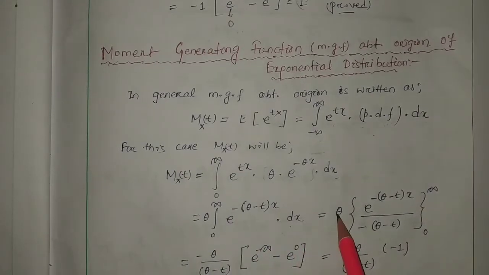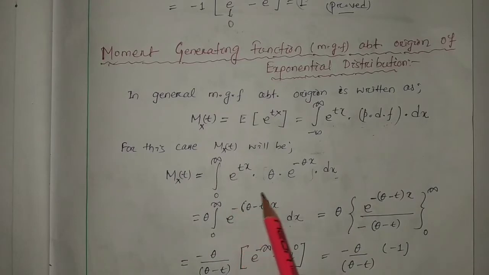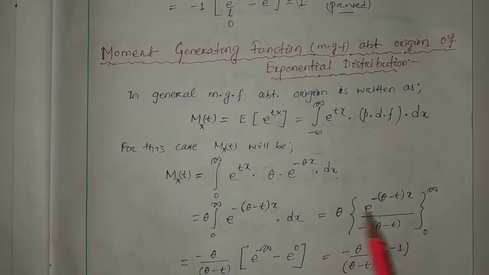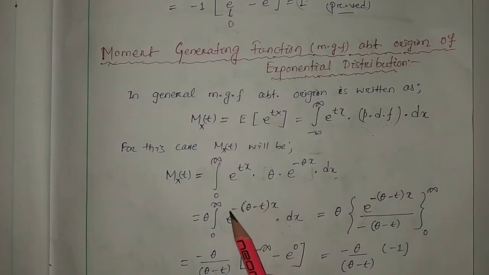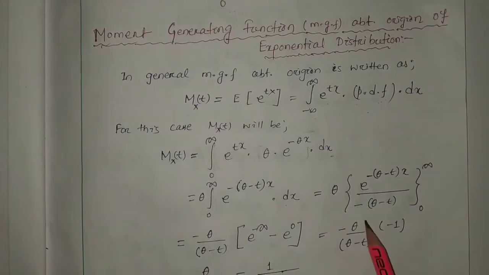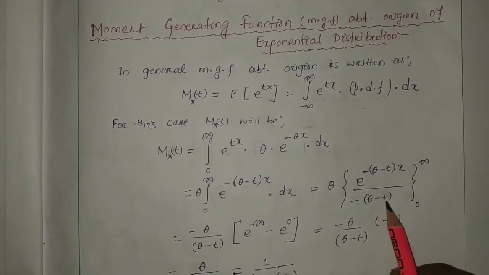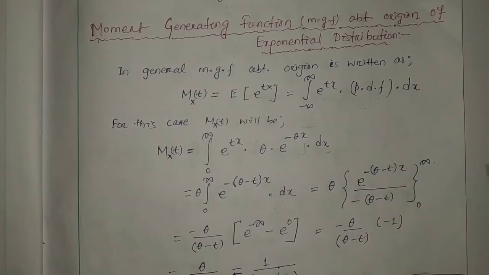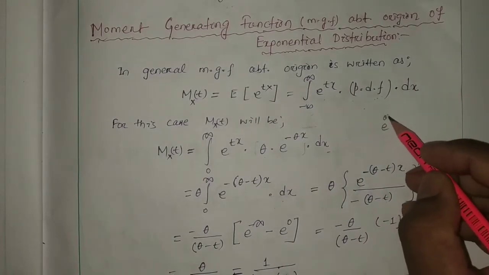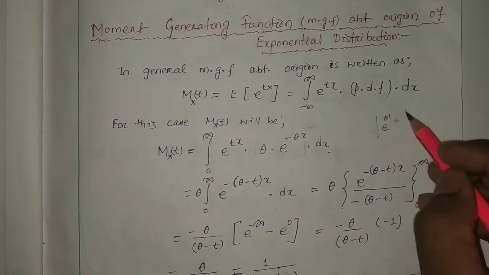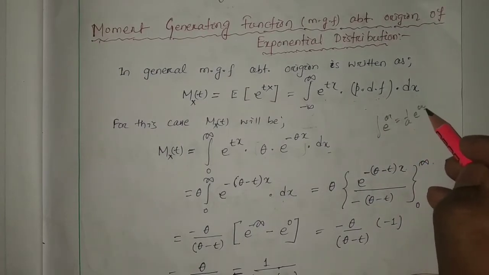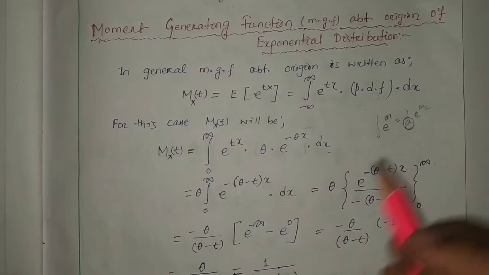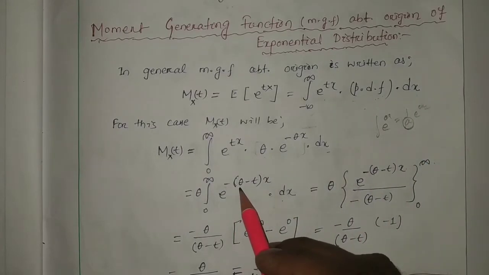Theta is outside, so the integration of this will be 1 by minus (theta minus t) into e to the power minus (theta minus t) x, from 0 to infinity. It is very easy: the integration of e to the power ax is 1 by a into e to the power ax. So here, instead of a, we have to write minus (theta minus t).